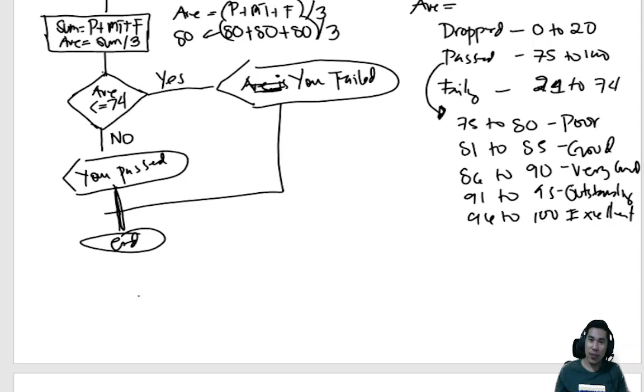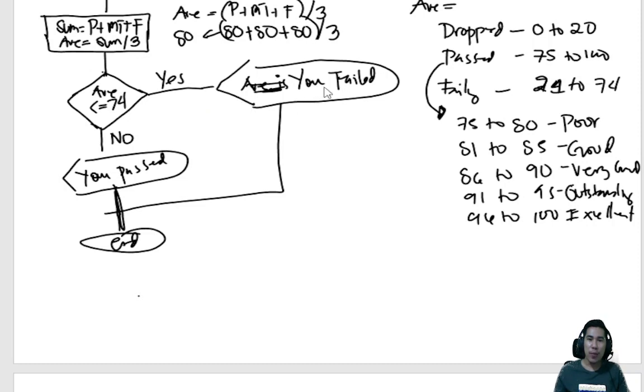You have many decisions. So possibly that's the time. You will do a series of decisions right here. So when that happens, let's say you failed, okay?